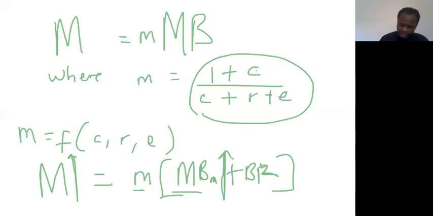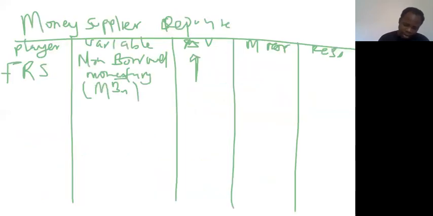So when this one increases, money supply will increase because we have more monetary base for deposit creation. Great. Now let's look at the second one.